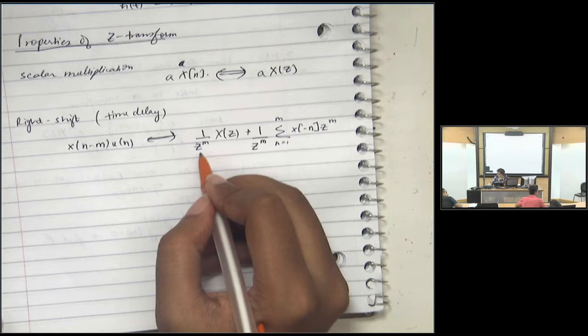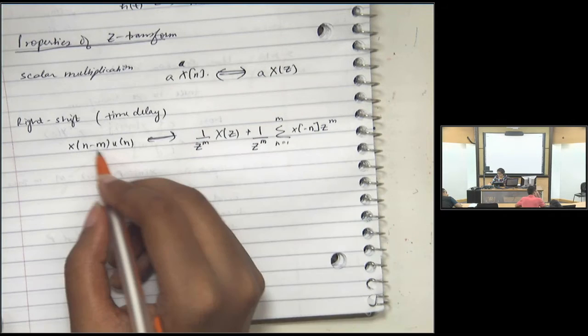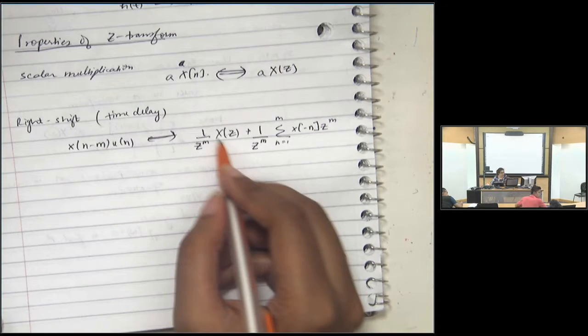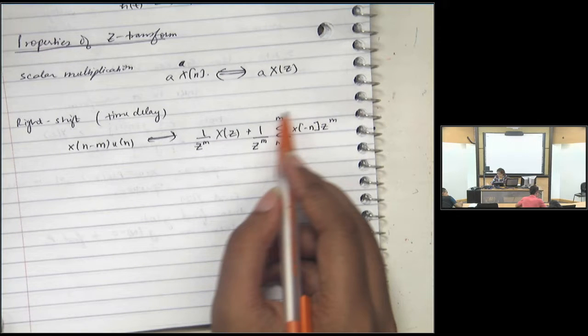So whenever you have a time delay of m, you'll have z raised to power minus m multiplied with your Z transform. And these extra terms are referring to your initial conditions.